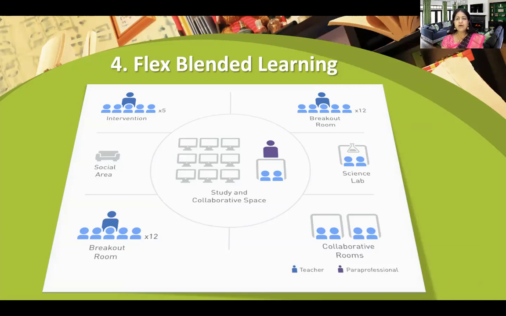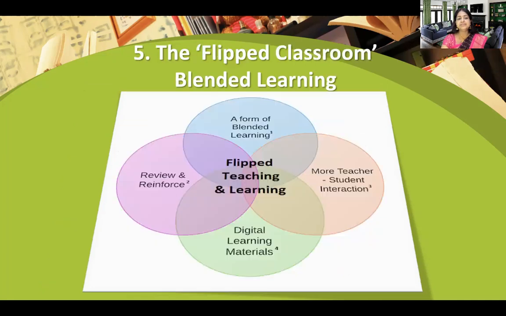The teacher of record is on site and students learn mostly on the brick and mortar campus, except for any homework assignments. The teacher of record or other adults provide face-to-face support on a flexible and adaptive as-needed basis through activities such as small group instructions, group projects, and individual tutoring. And this is very similar to remote blended learning, inside out blended learning.